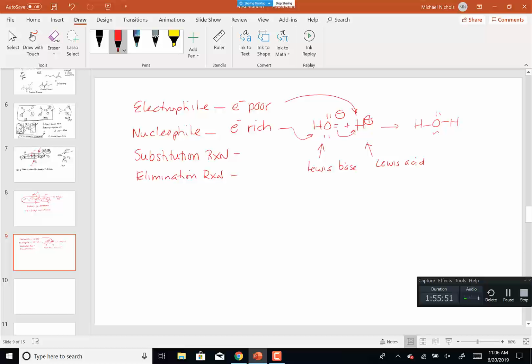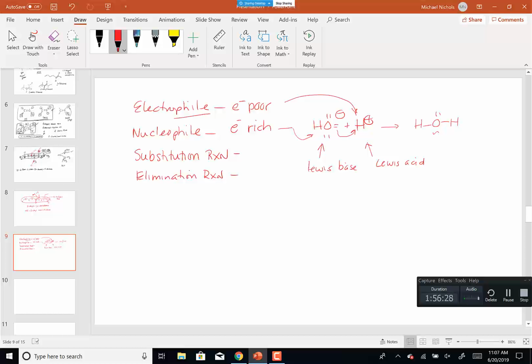And that's the one that's more appropriate because the species that's accepting the electrons is the electrophile. The species that's donating the electrons, the Lewis base, becomes the nucleophile. And if you take your Latin or Greek or whatever language that is, phile means like or loving. So an electrophile is a negative-loving species, and a nucleophile is a positive-loving species.